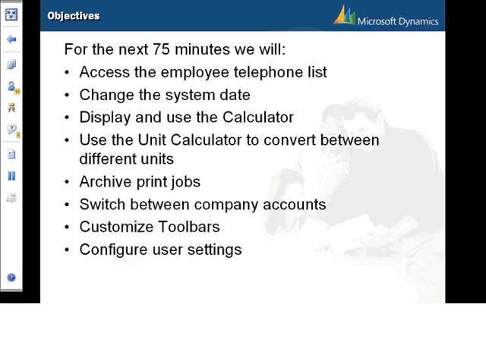And objectives for these parts are access the employee telephone list, change the system date, display and use the calculator, use the unit calculator to convert between different units, archive print jobs, switch between company accounts, customize toolbars, and configure user settings. This section introduces the Tools menu.